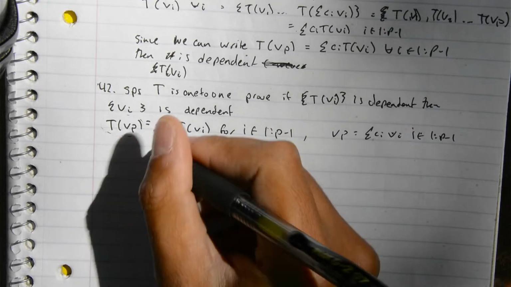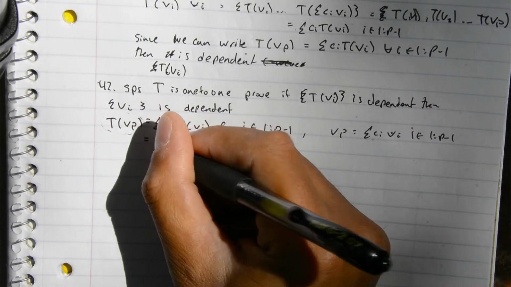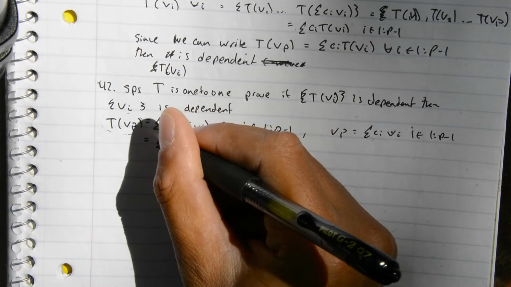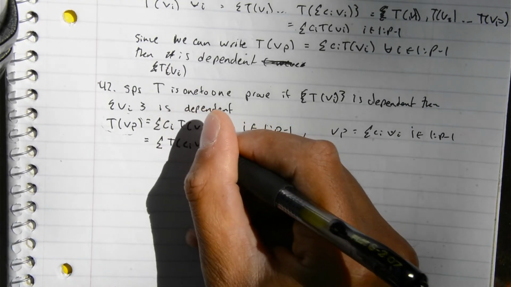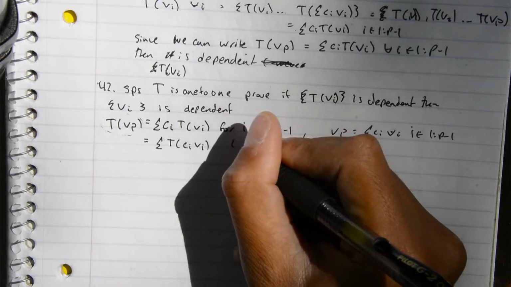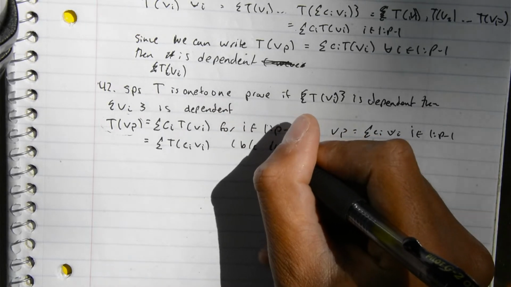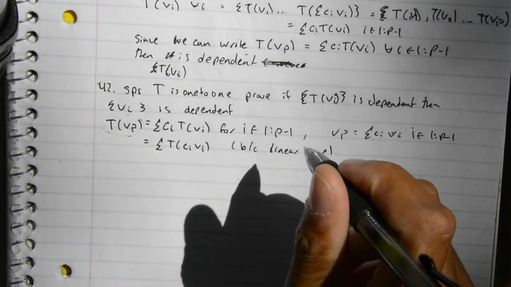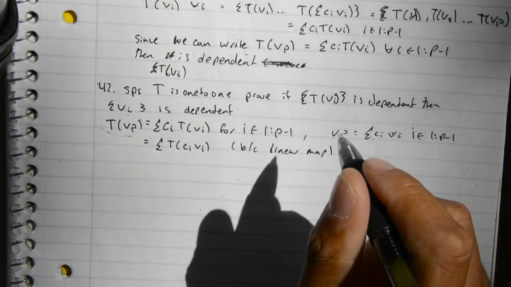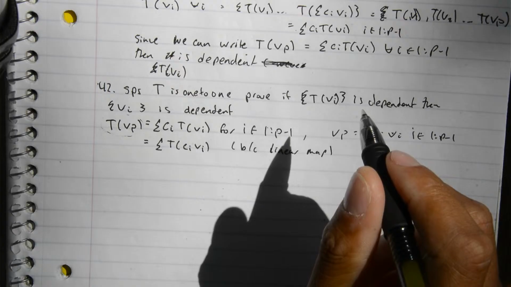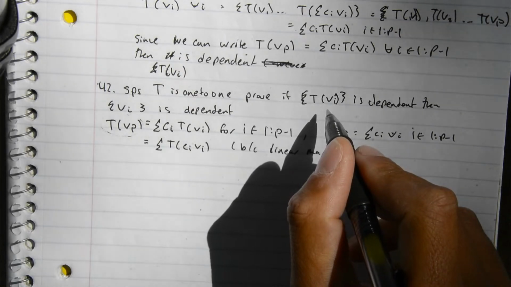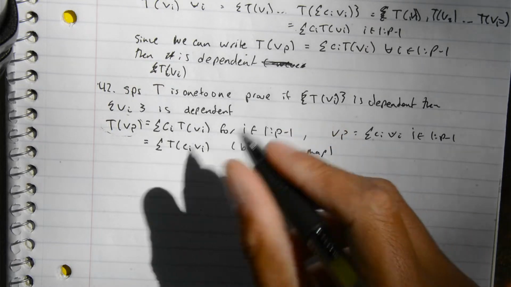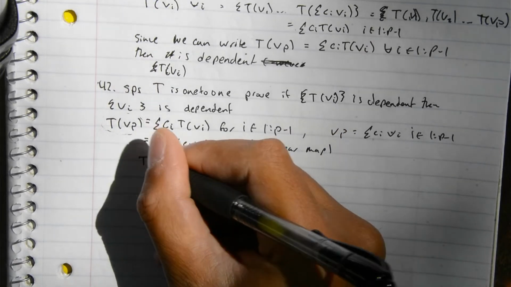Okay, but what this is equal to is the sum of, first we can do this T of Ci Vi, because it's a linear map. Wait, but I don't know where we're going to use the 1-to-1 thing. Okay, but what I would be inclined to do after is just do this.